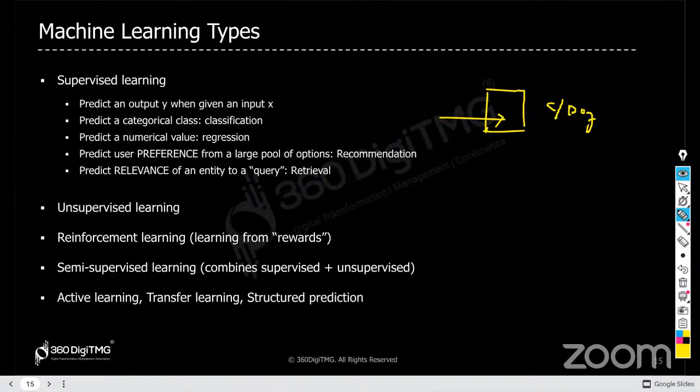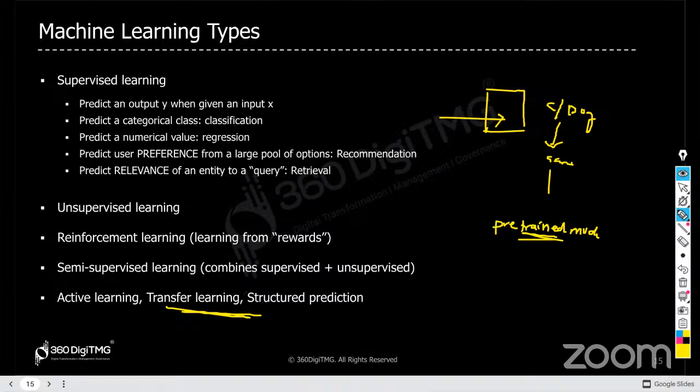Now, if I were to take this algorithm and use the same algorithm on cancer images, can I use this for some other purpose also? Yes, I can use it. That is called as a pre-trained model, which is nothing but transfer learning.